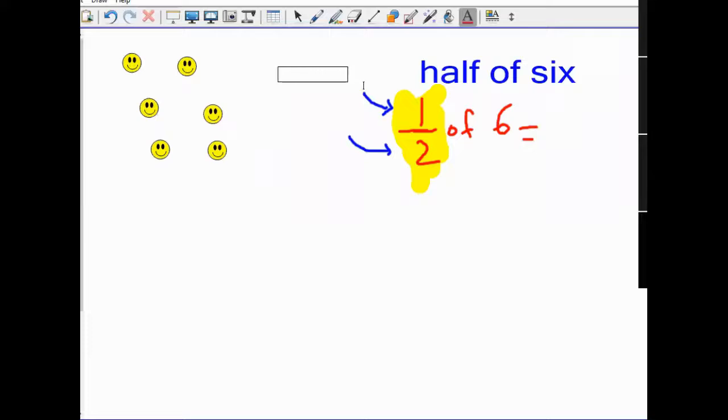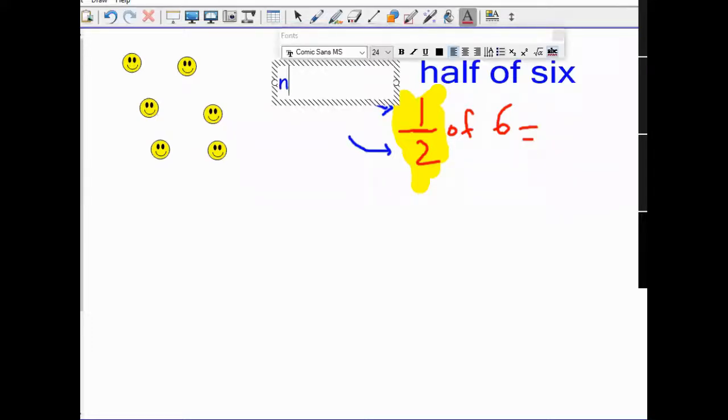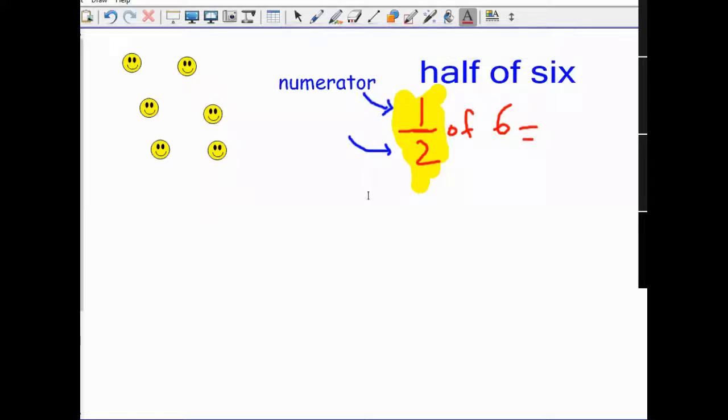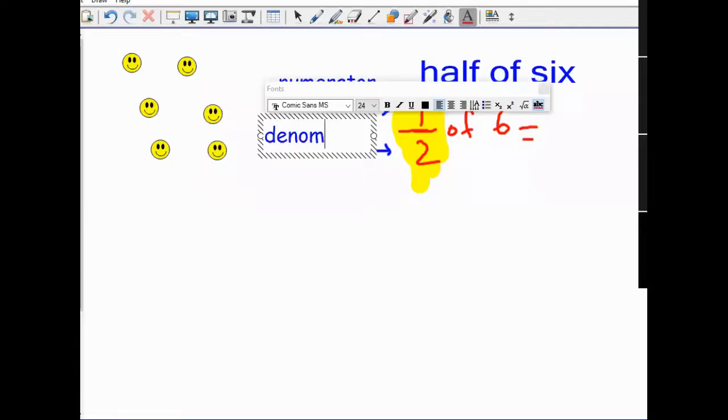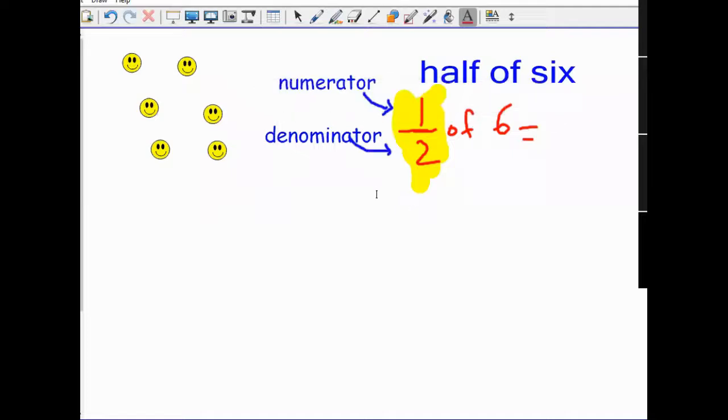I will write it on the board. So the top number is called numerator. Okay, the bottom number is called denominator. So the top number is called numerator and the bottom number is called denominator.